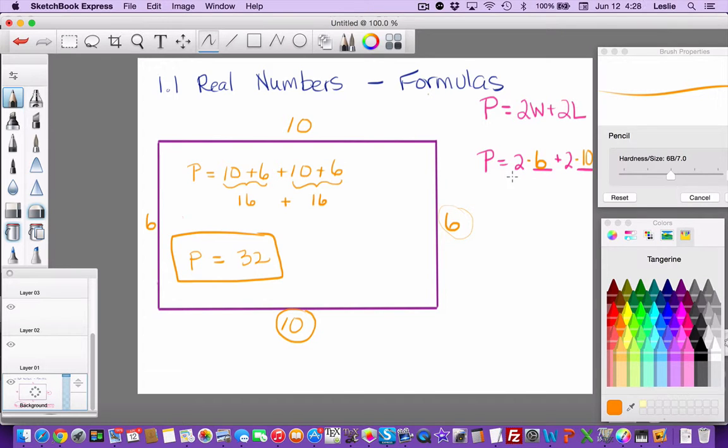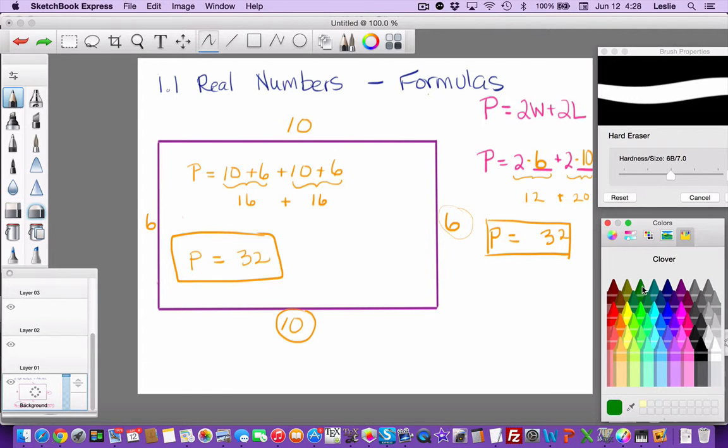Using order of operations, I have 2 times 6 is 12, and 2 times 10 is 20, before I add them together. When I do add them together, 12 plus 20 is 32. So my perimeter is 32. Regardless of which way we do it, we ended up with the same perimeter, 32.